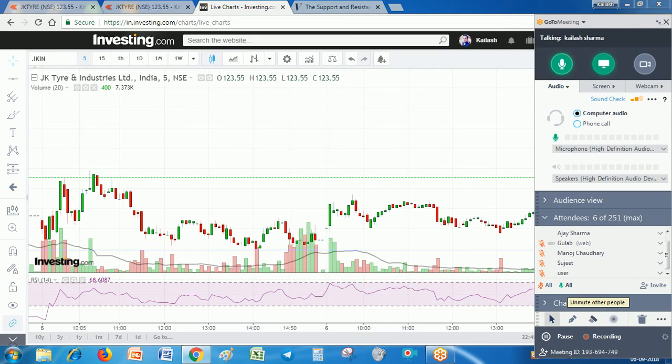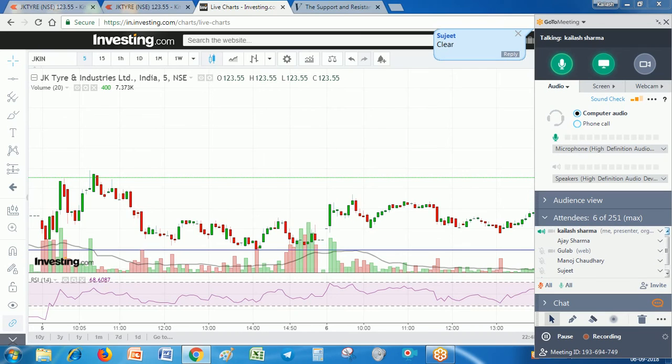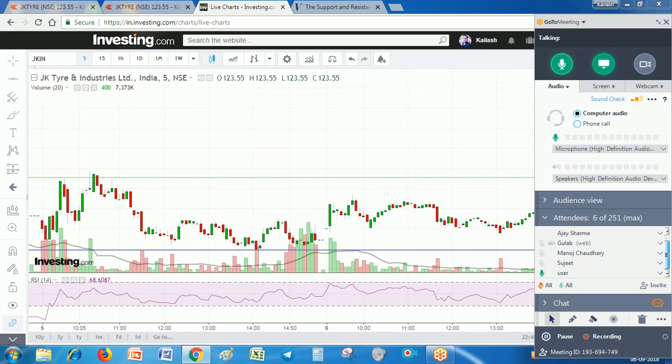So friends, is the concept of support resistance clear to everybody? Ajay sir. Hello. Ajay sir, how are you? Ajay sir, Gulab sir. Manoj ji, Sujit ji. Friends, is this thing clear? Ranjan sir, is this thing clear? Any doubt on marking the support and resistance levels and trading according to them?